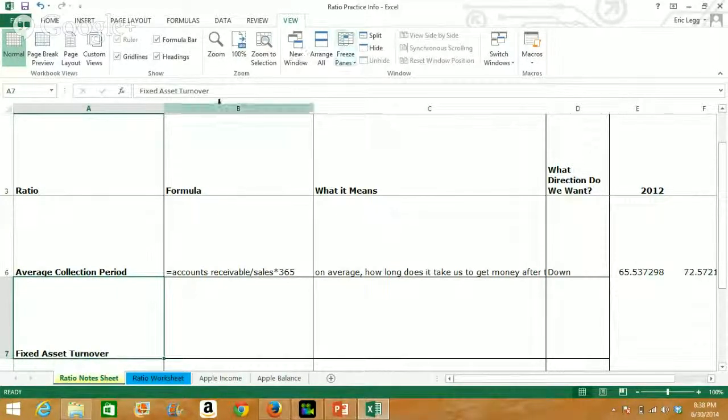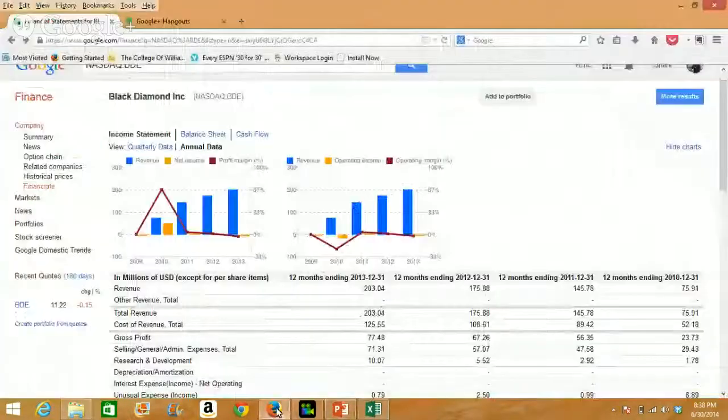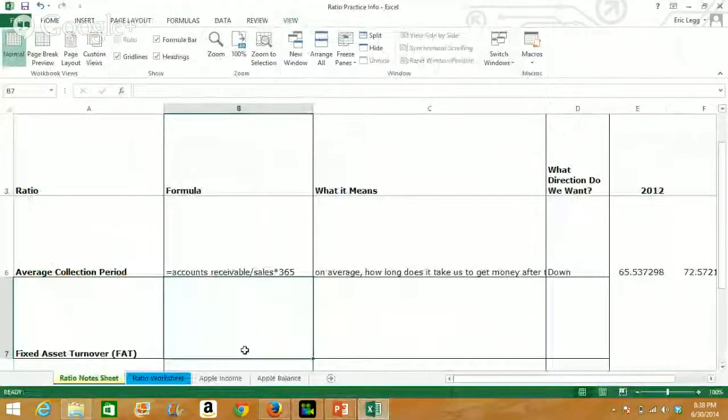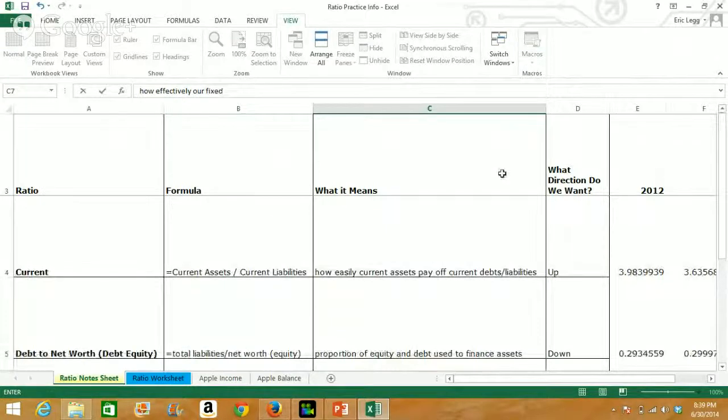Okay. Our next ratio is called fixed asset turnover, which you also just see abbreviated, not surprisingly, FAT. Okay. And FAT is, I always look these up, sales divided by fixed assets. What this is basically telling us is how effectively our fixed assets are generating sales.